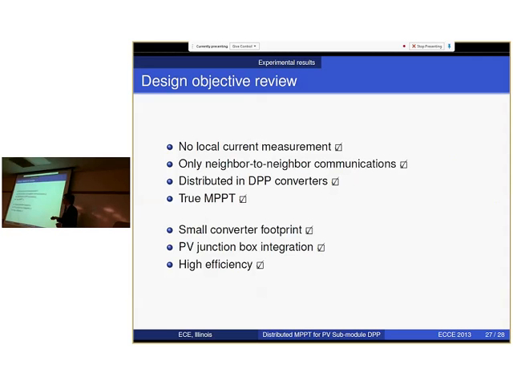In the hardware design aspect, we achieve a small hardware footprint that fits in a PV junction box, and still we made a highly efficient converter with peak efficiency above 95%.